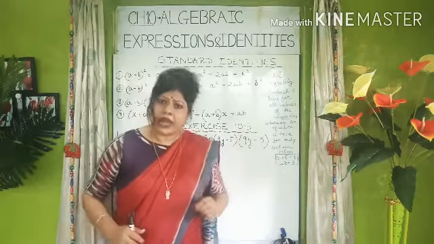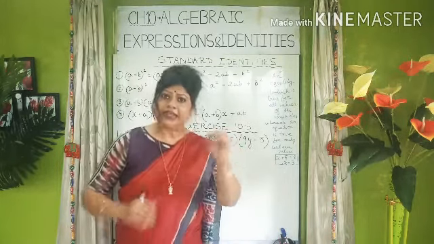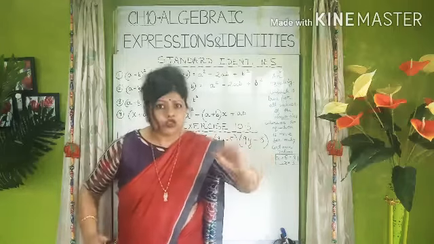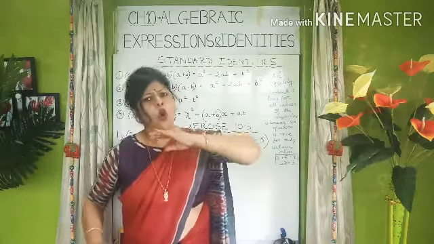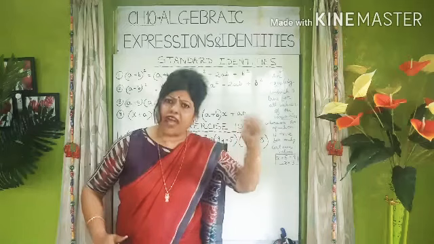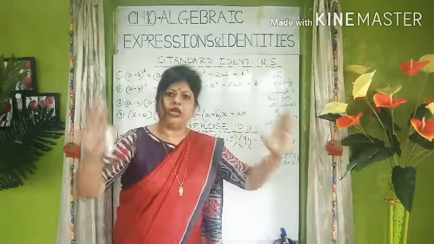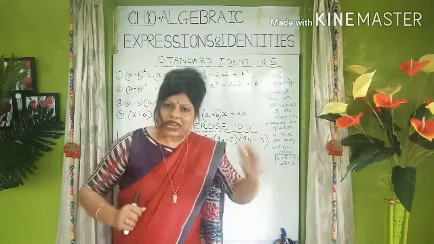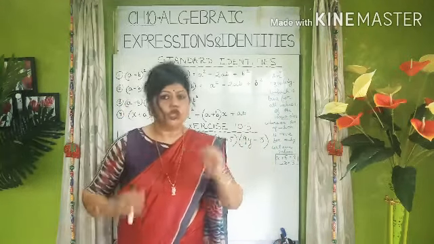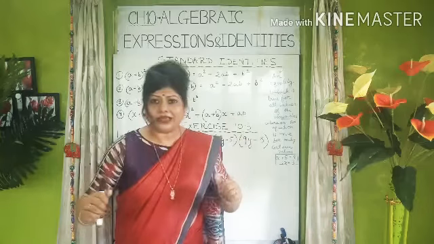Then what do you mean by identity? An identity is an expression which will be true for all literals. Whatever value you put for the literal, your equation will be true. That is called an identity. So what do you mean by standard identity?